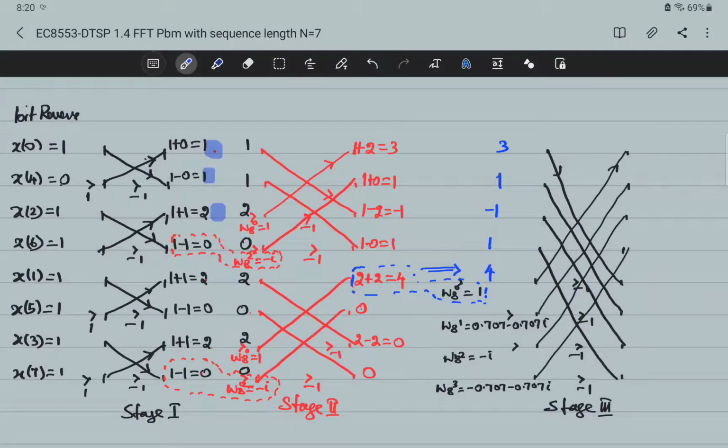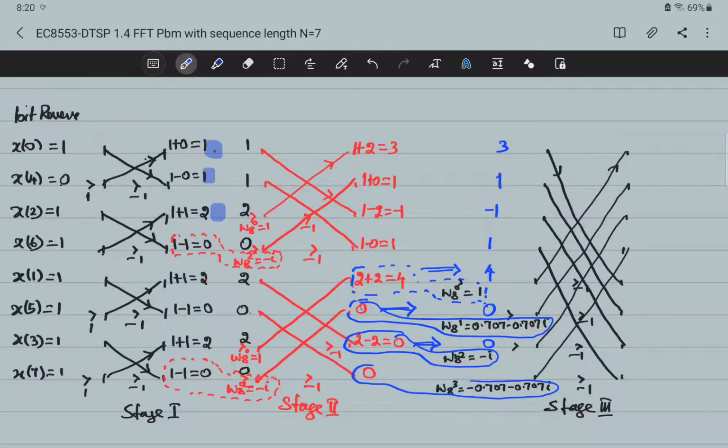And since this is 0 and this is multiplied with 0 of this twiddle factor, you will get 0. And again here also you will get 0 multiplied with this twiddle, you will get 0. And here also it is 0 multiplied with this will give 0.